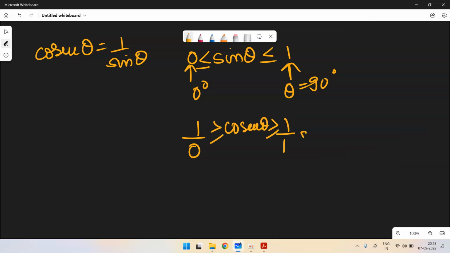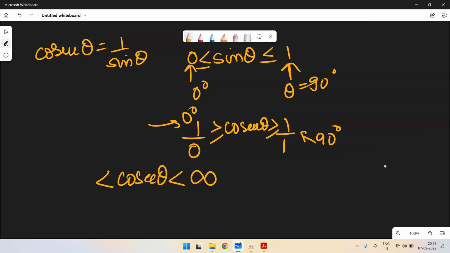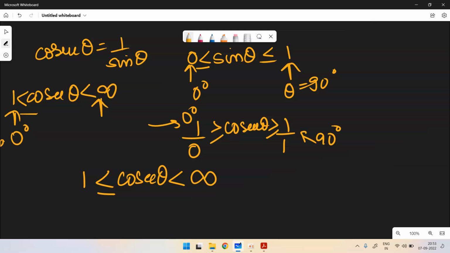So this is for 90 degrees and this is for 0 degrees. 1 by 0 is infinity. So you can write that cosecant theta value goes from 1 to infinity, where this is theta equal to 0 degrees, sorry, this is 90 degrees, and this is theta equal to 0 degrees.